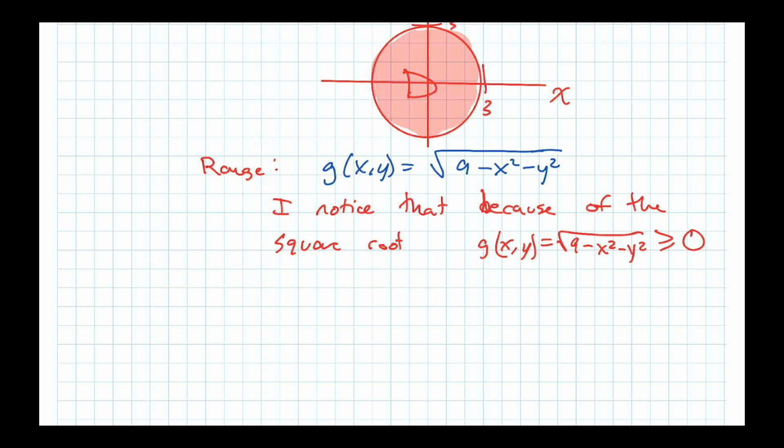Just because by definition, the square root function never gives you a negative number. So we can start there.